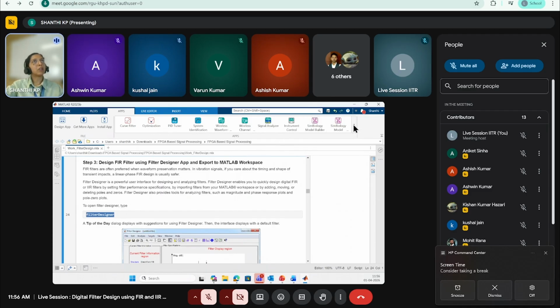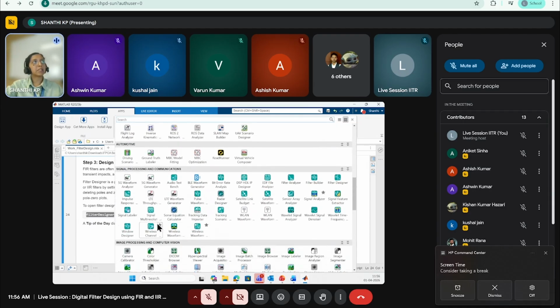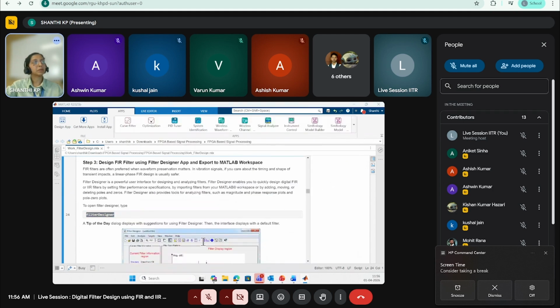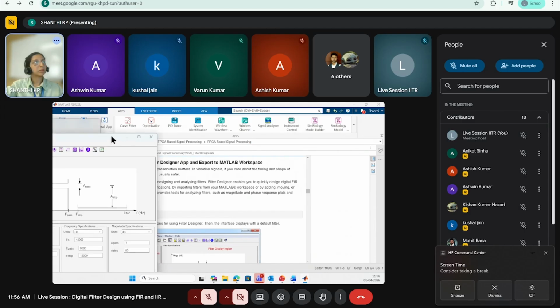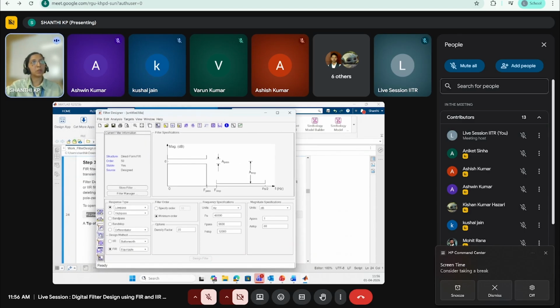For now, we'll go to the app section and scroll down to signal processing and communication and locate filter designer. So the filter designer window is open.